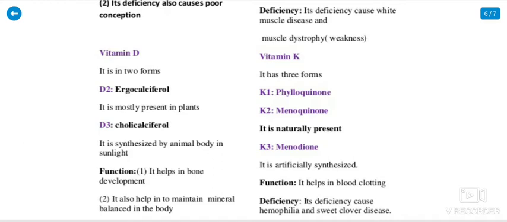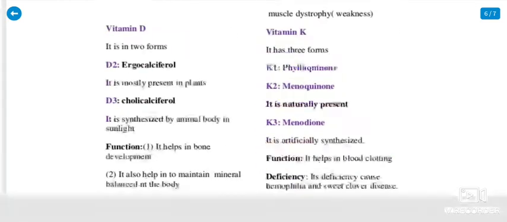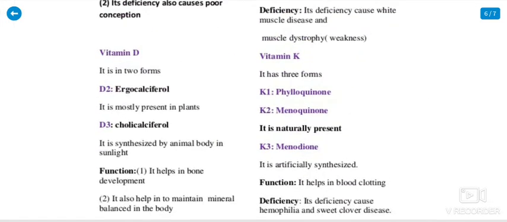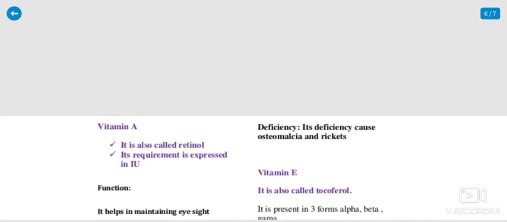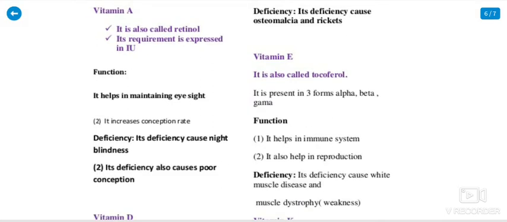It also helps maintain the mineral balance in the body, so you have to get sunlight, and vitamin D is automatically formed in the plant and animal body. Deficiency of vitamin D causes osteomalacia, a rickets disease.